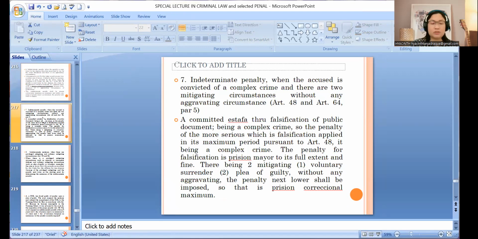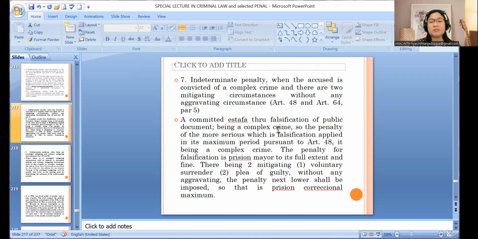On another illustration, when the accused is convicted of a complex crime and there are 2 mitigating circumstances without aggravating. When we say 2 mitigating circumstances, 0 aggravating, that is privileged mitigating. So how do we apply it now? To illustrate, A committed estafa through falsification of public document.